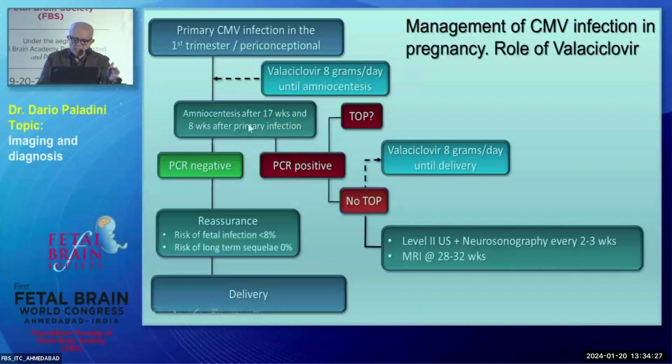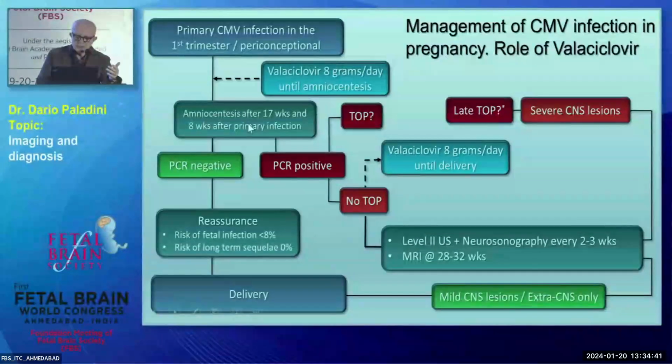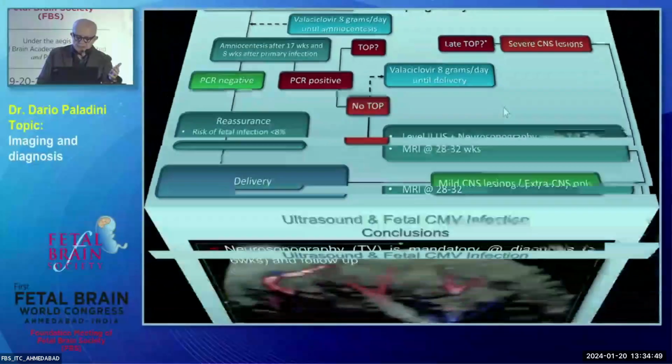So you keep an eye with neurosonography and MRI once only, neurosonography every 2-3 weeks. If there is nothing arising, you can deliver safely the baby. If there is any concern or any severe lesion, you can consider, where this is applicable by law, which is not in Italy, this asterisk in this term, late termination.